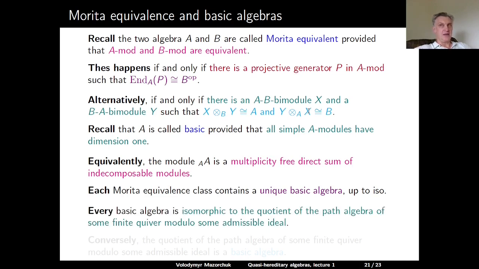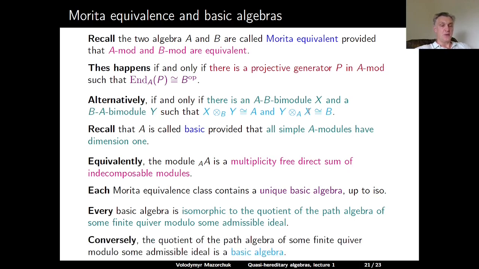And now the relevance of quiver algebras. Every basic algebra is isomorphic to the quotient of the path algebra of some finite quiver modulo some admissible ideal. And conversely, the quotient of the path algebra of some finite quiver modulo some admissible ideal is a basic algebra.